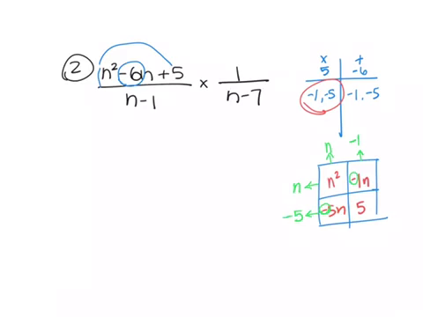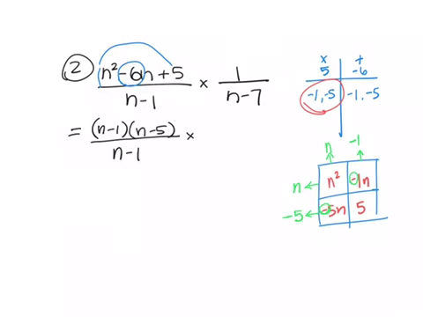So as I move back over here to the main problem, that means that I can rewrite that numerator as n minus 1 times n minus 5. Now the denominator of that first fraction is n minus 1, so I would look for a common factor there. They don't share a common factor, so I'm just going to leave that as n minus 1.